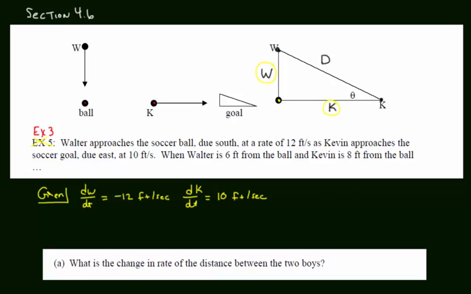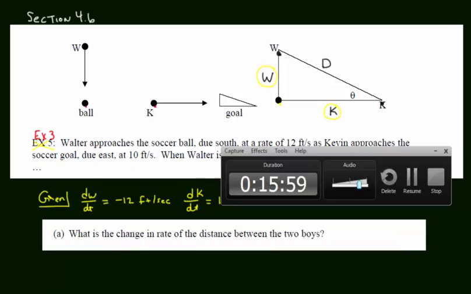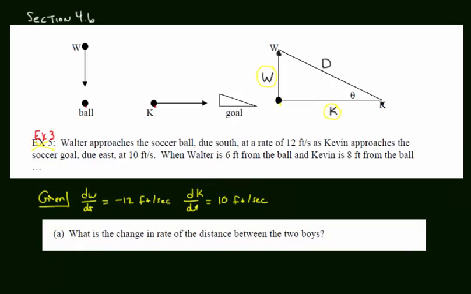Now we have two things to solve for here. In part A, what is the change in rate of the distance between the boys? So what I want to do there is find dd/dt, the derivative of distance with time, the rate of change in distance with respect to time.